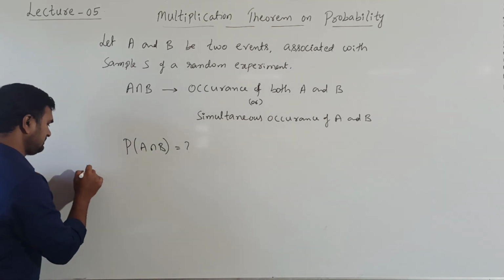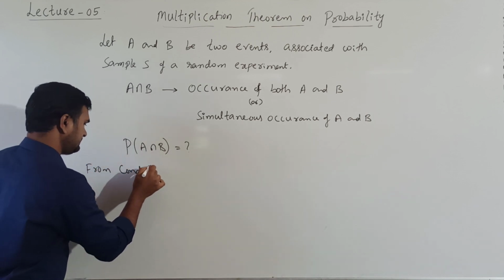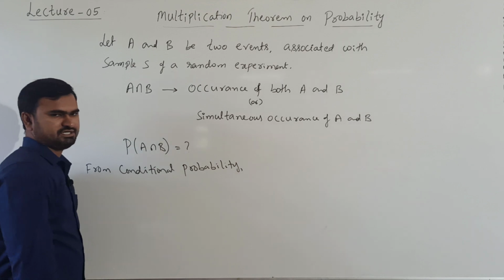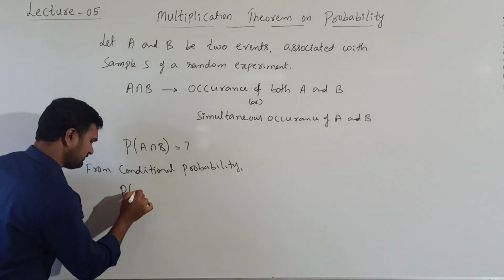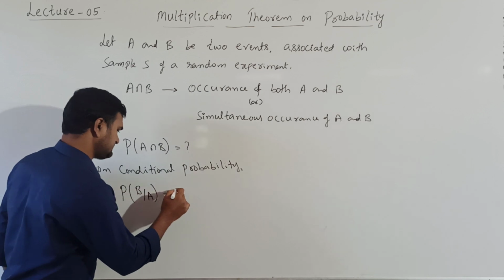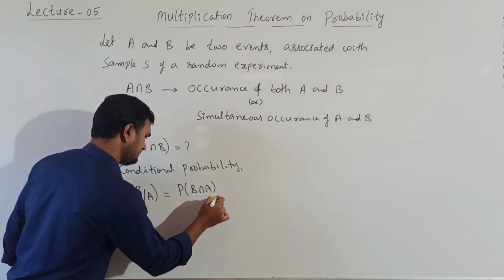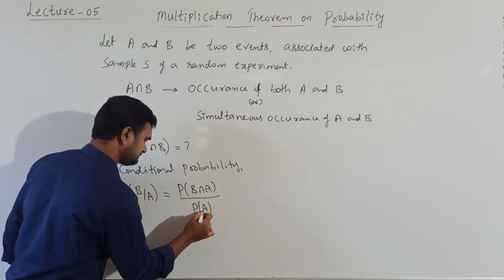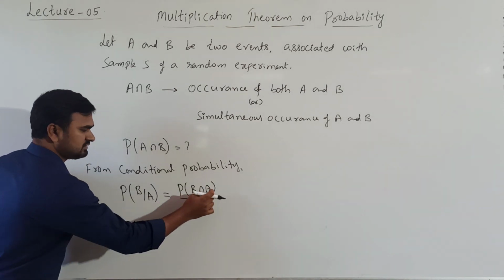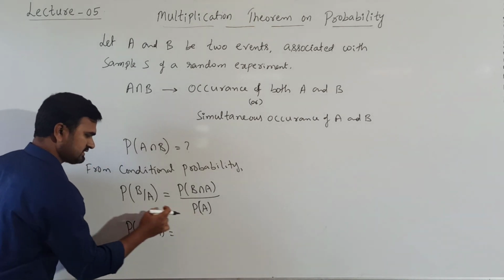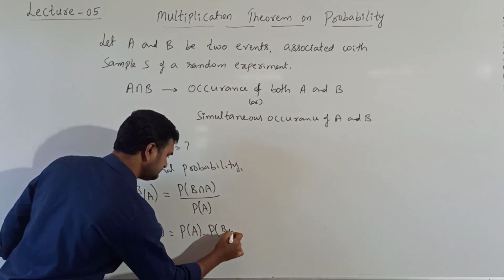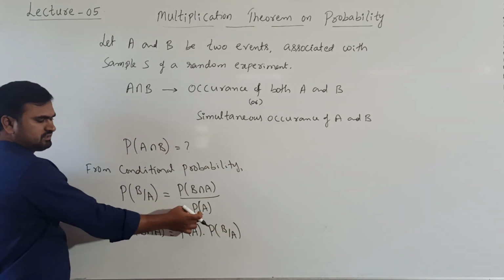From conditional probability, what we studied is the probability of occurrence of B given A. We write P of B given A as probability of B intersection A divided by probability of A. From this, P of B intersection A can be written by multiplying P of A to the left hand side.